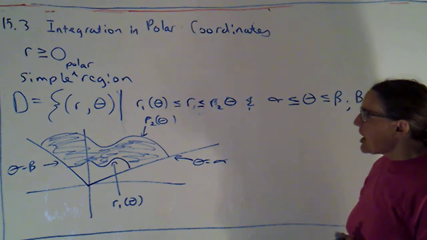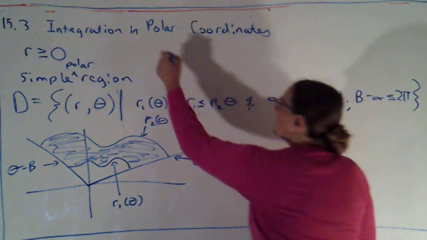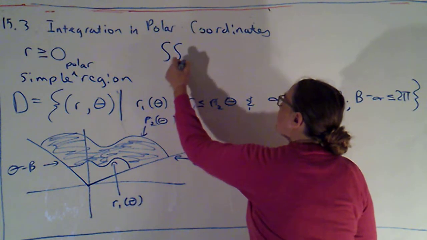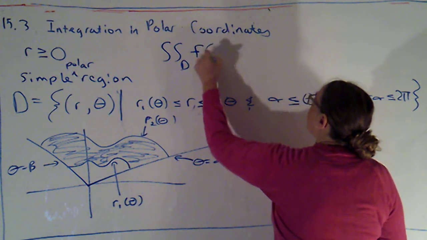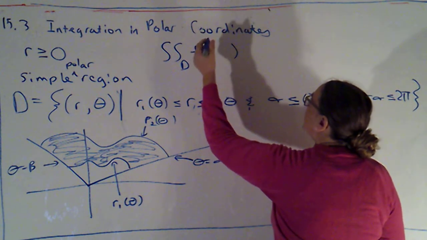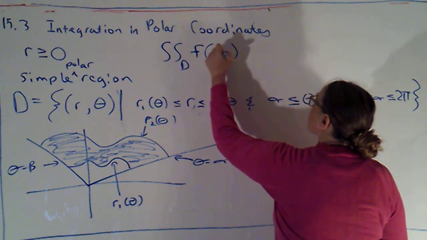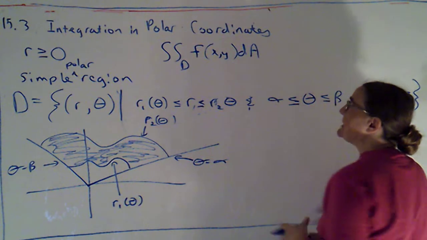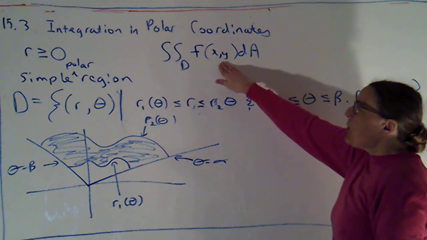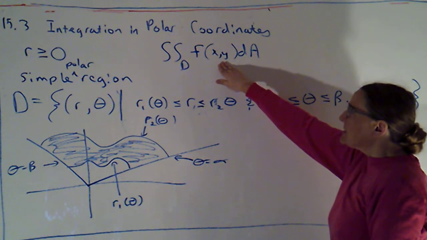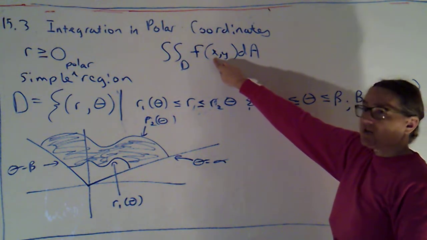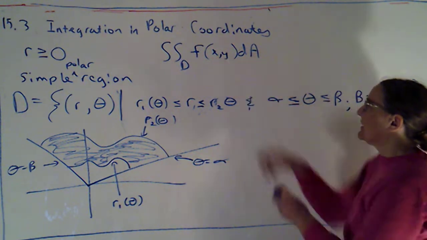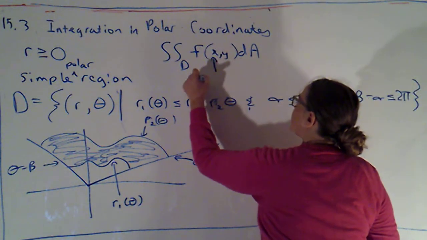And if we have such a region, we're going to be trying to evaluate the double integral over that region D of f of (x, y) dA. Now, I know how to convert the integrand into polar coordinates because I know that x is just r cosine theta, and y is just r sine theta.